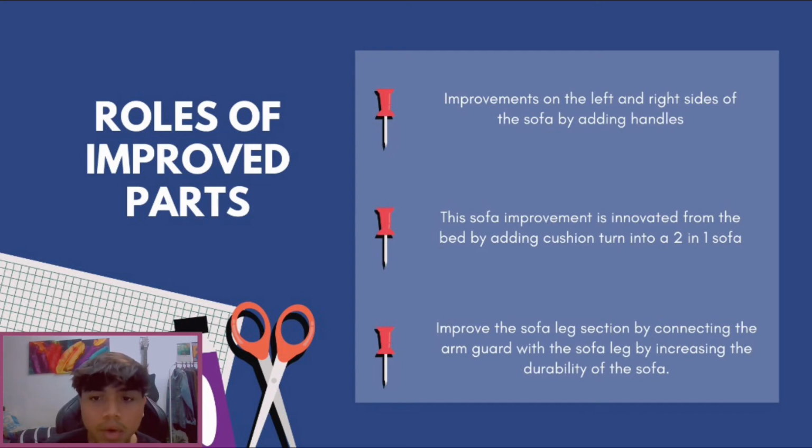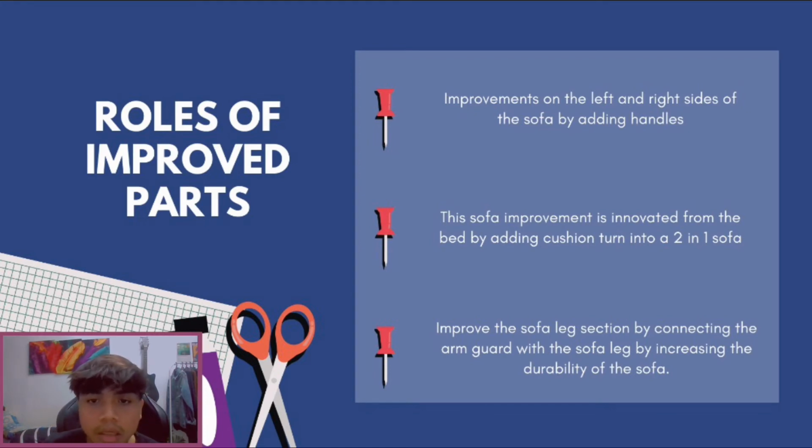For the second one, the sofa improvement in this new design is innovated from the bed: we add a cushion and turn it into a 2-in-1 sofa. After that, we also improve the sofa legs by connecting the arm guard with the sofa leg, increasing the durability of the sofa.